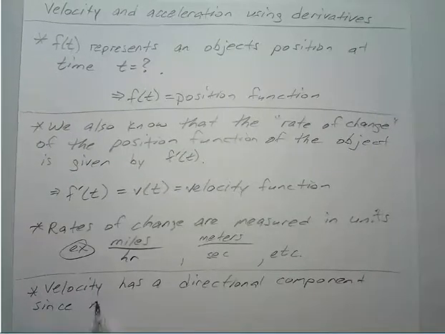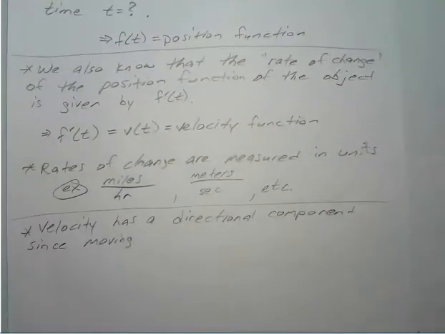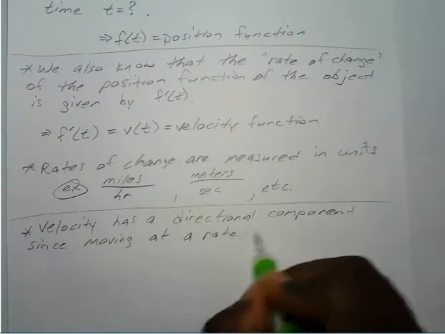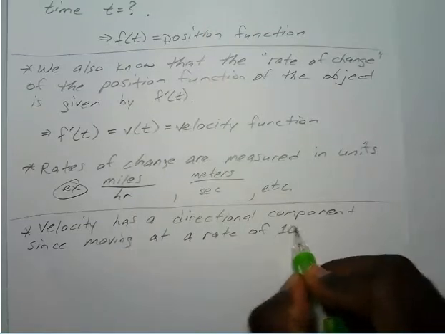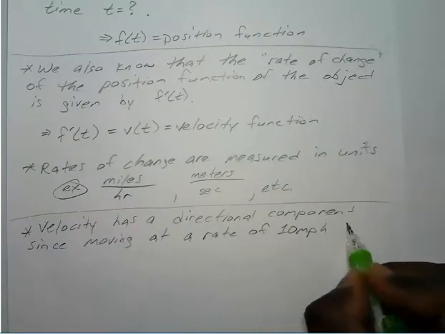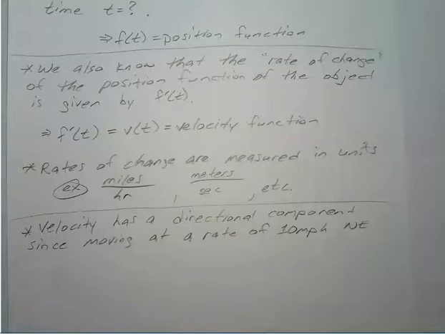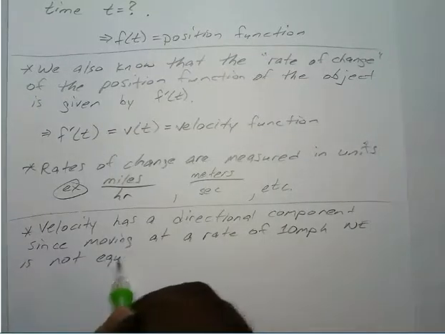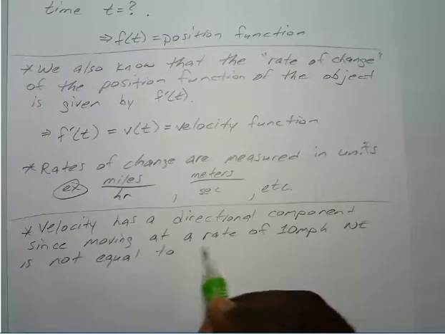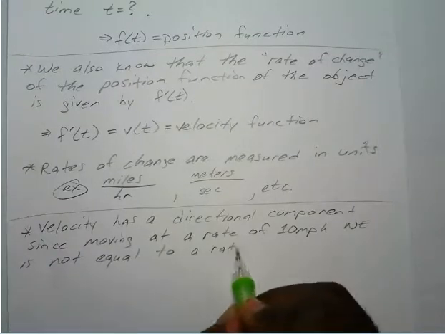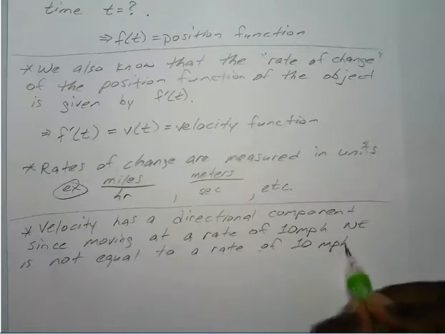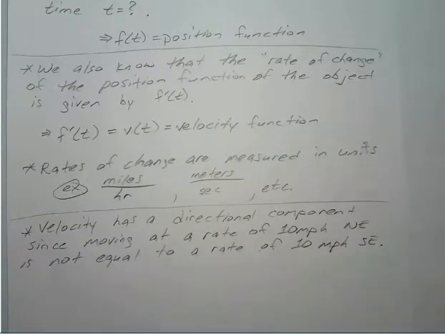Moving at a rate of 10 miles per hour northeast is not equal to a rate of 10 miles per hour southeast.